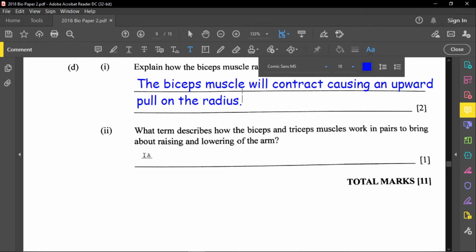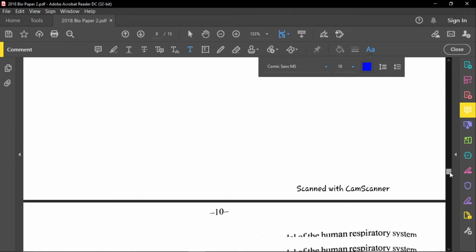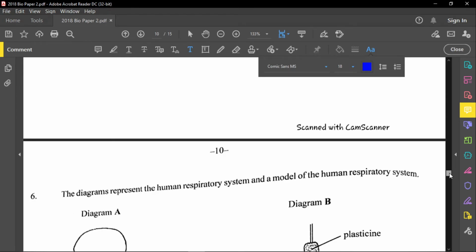So they work oppositely to bring about the same action, and this is called antagonistic. That's a word for it. So they work antagonistically to bring about that action. So they're antagonistic muscles.